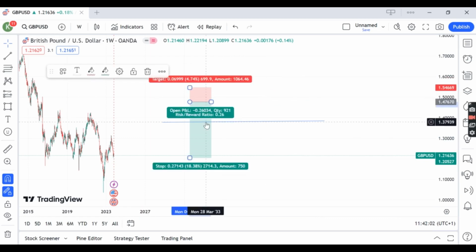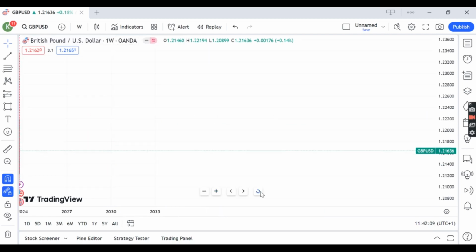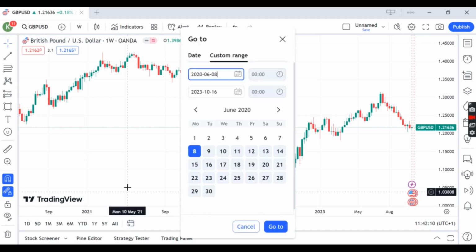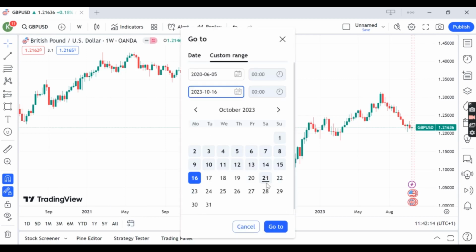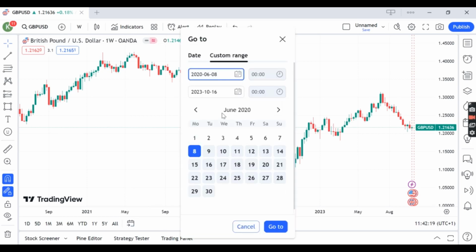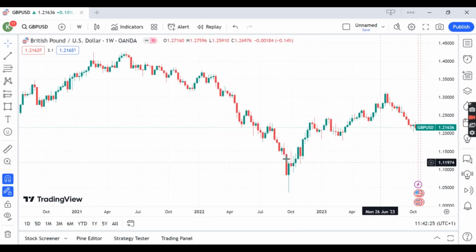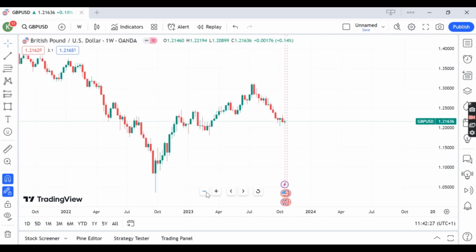So I'm going to quickly take out this drawing and show you what I mean on our charts. Alright, so quickly on our charts, we're going to look at how we take this.